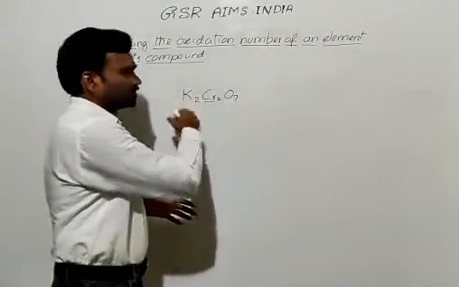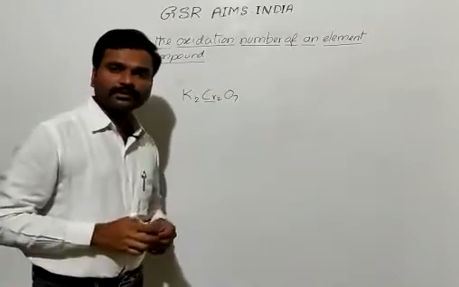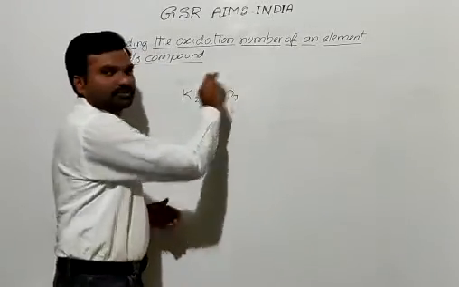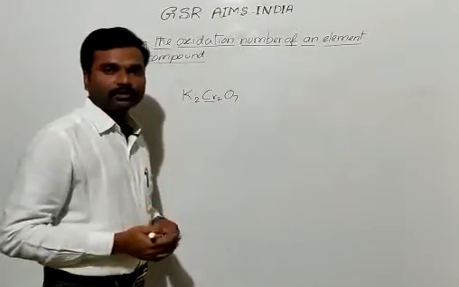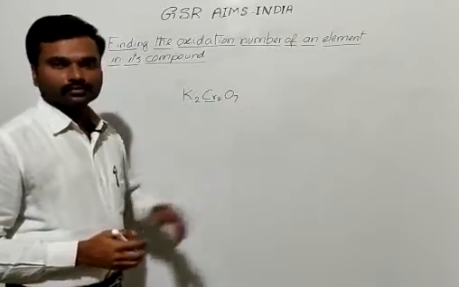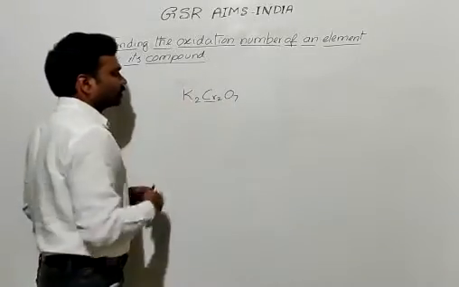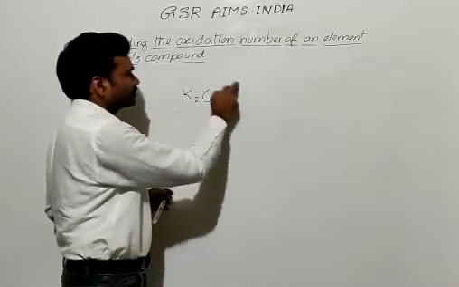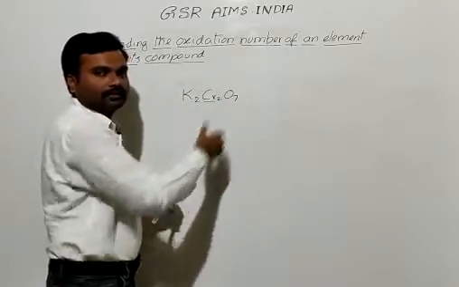Here, the sum of the oxidation numbers of all the elements existing in a molecule will be equal to the charge possessed by that molecule. If it is a neutral molecule, the sum of the oxidation numbers of all the elements will be equal to 0. So in this molecule also, there is no charge on the molecule, so the total oxidation numbers, if you sum them all, will be equal to 0.